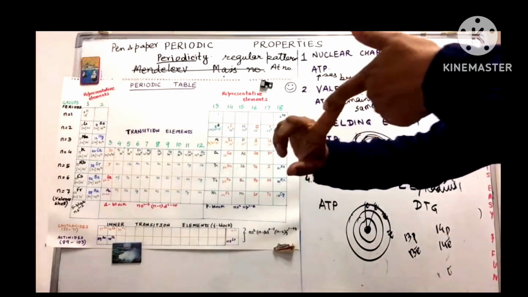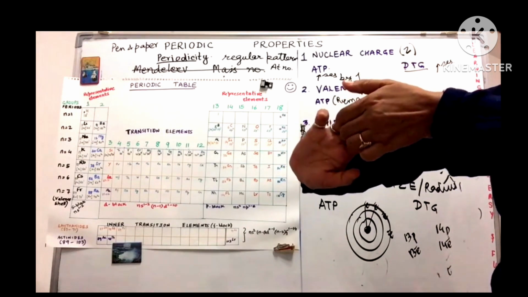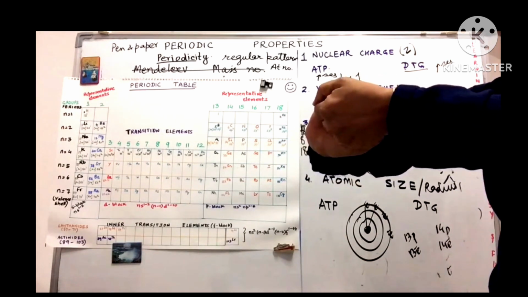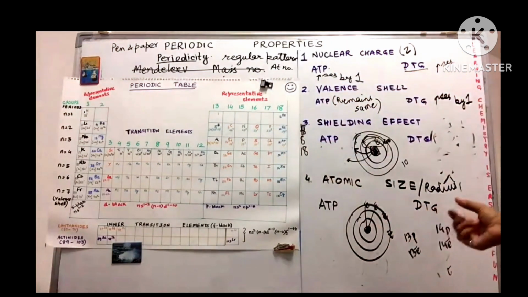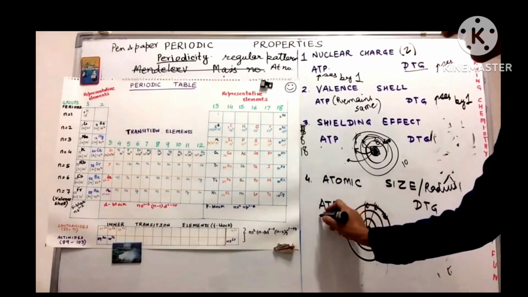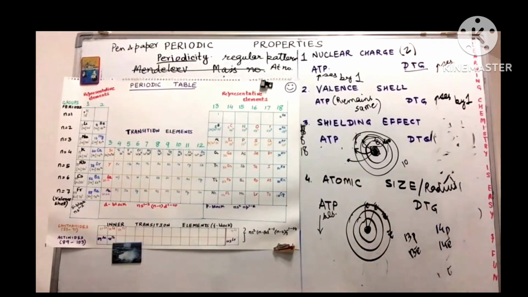See, 1 pulling 1, 2 pulling 2, 3 pulling 3, 4 pulling 4. So that is becoming stronger. So with the result, the atomic size across the period, yes, decreases. Once you understand this concept, the other 3 properties are smooth sailing, not a problem at all.